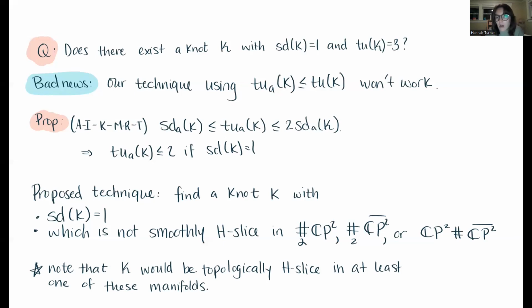So depending on the signs of the twist, it's going to be topologically H-slice in one of these 3 examples. And in general, it's difficult to distinguish between things that are topologically slice but not smoothly slice. So, in principle, it seems like something like this might work, but in practice, it would be very hard to find such an example and prove that it really satisfies these conditions.